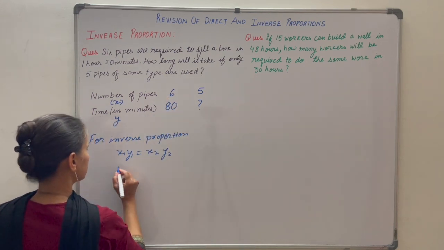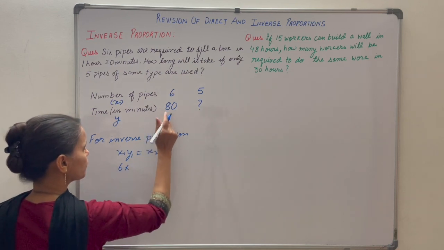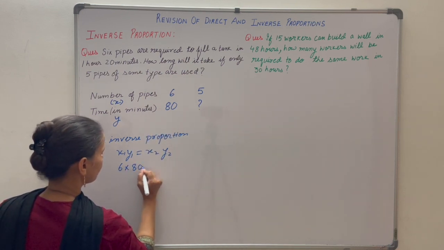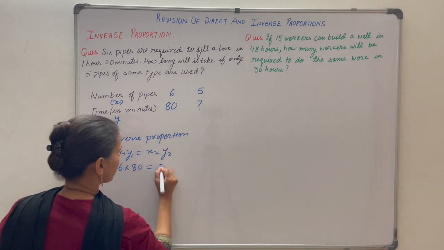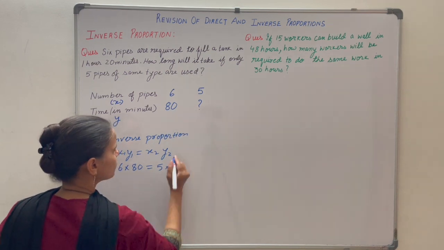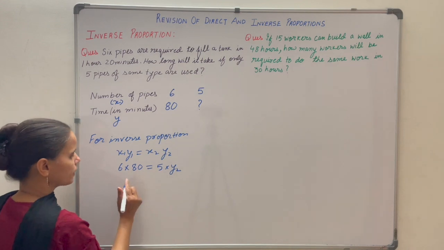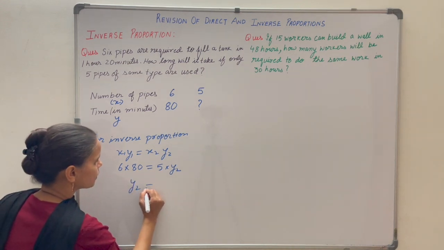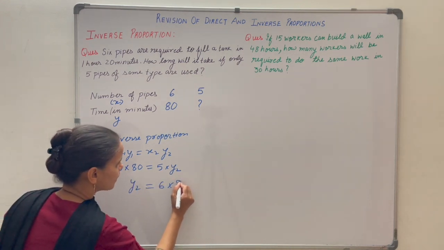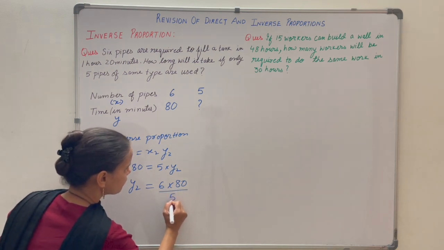Your x1 is 6, the corresponding value is 80, that is y1. x2 is 5 and the corresponding value y2 you have to find out. So y2 is 6 into 80 divided by 5.